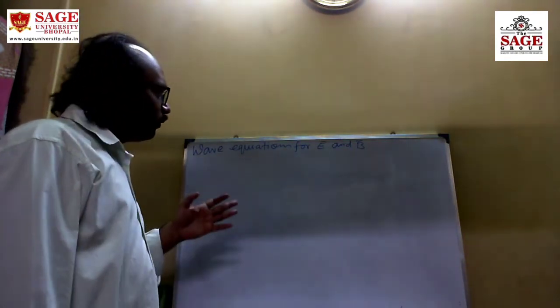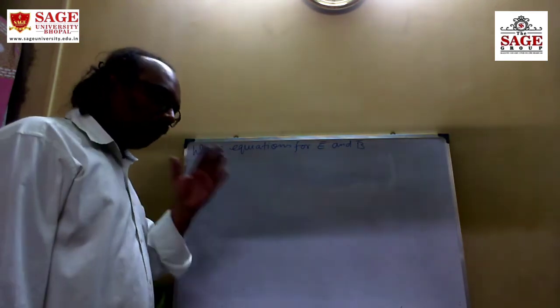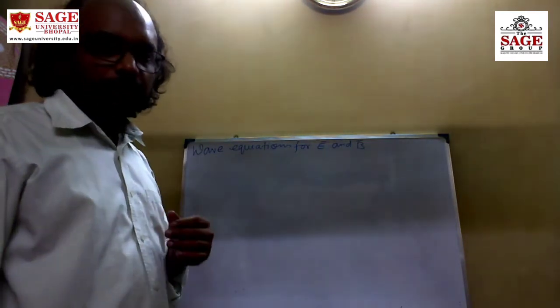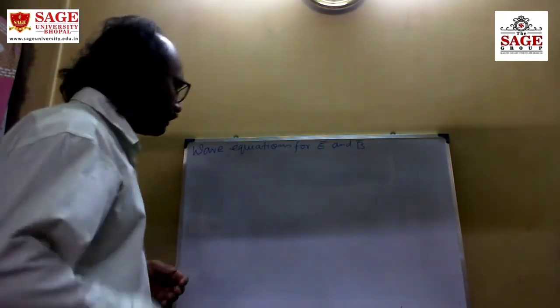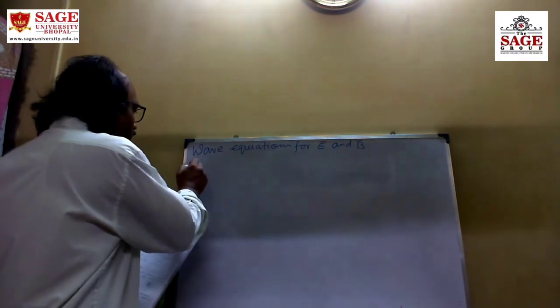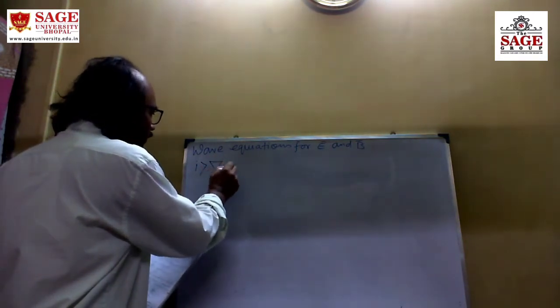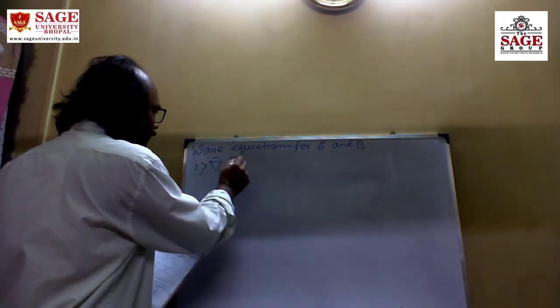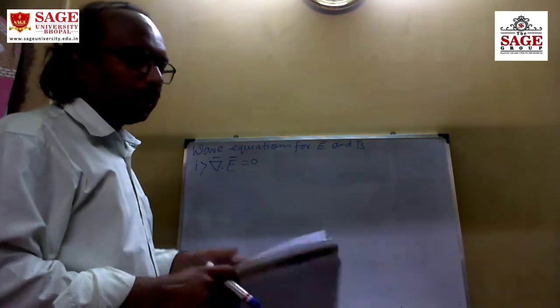In order to get that result, we are going to consider Maxwell's four electrodynamics relations in free space. So what are those four relations? One is del dot E is 0, as there is no charge or current in the free space.